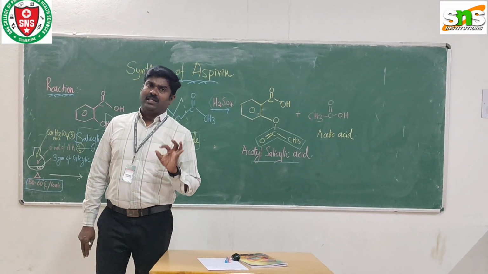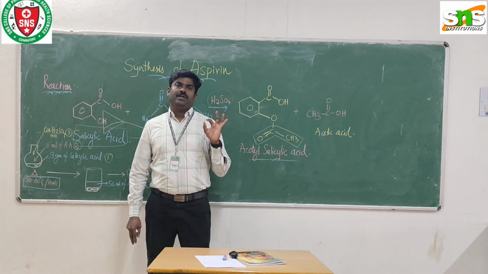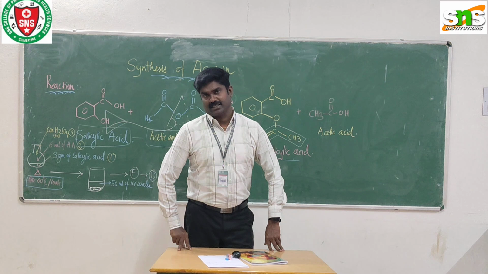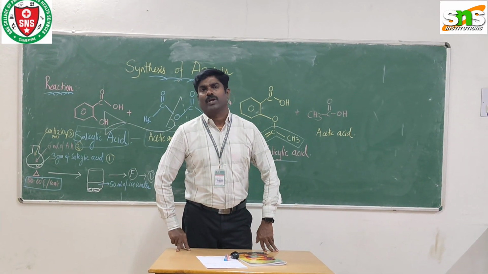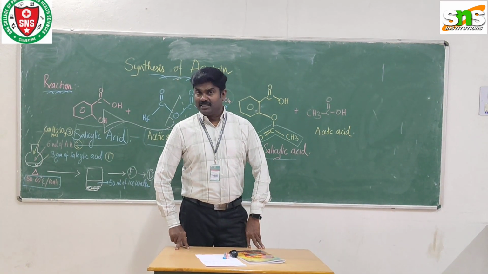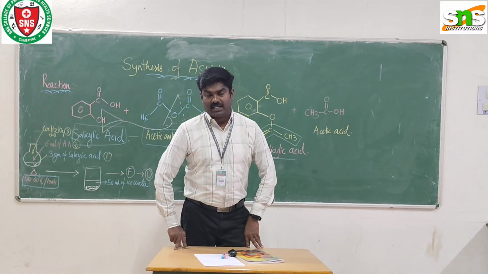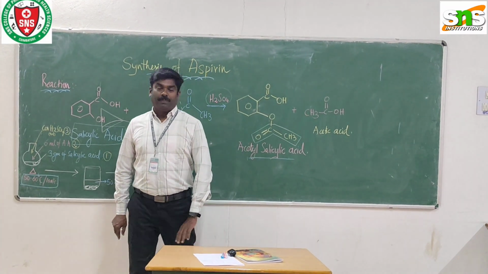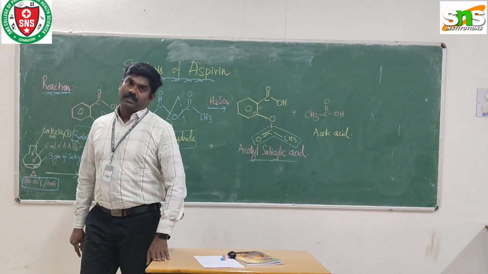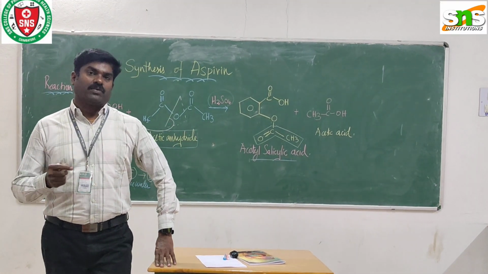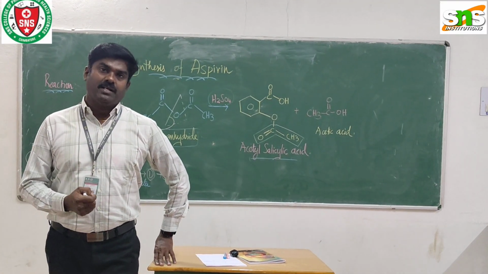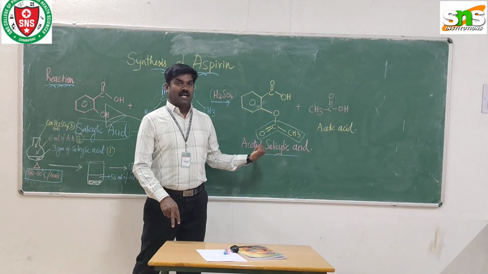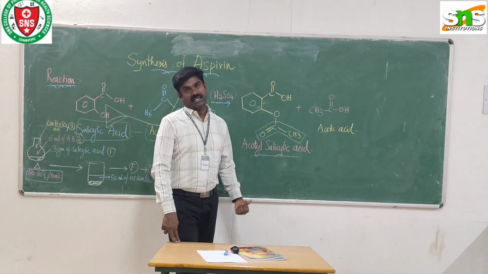Then we add exactly 5 to 6 drops of ferric chloride reagent. The ferric chloride reagent reacts with acetylsalicylic acid and gives a purple or violet color. When we get the purple or violet color, we can identify that the given sample is aspirin or acetylsalicylic acid.